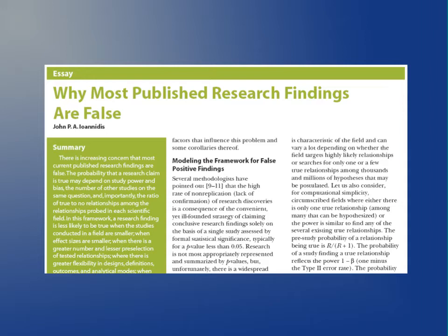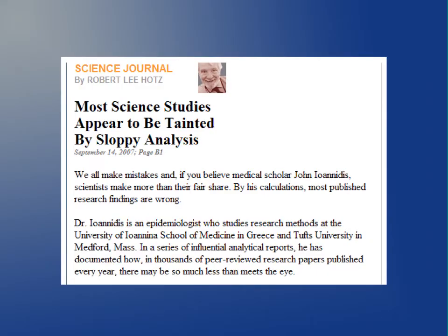The whole thing is worth reading someday if you have some time, but his basic premise is that, among other reasons, many scientific studies are tainted by sloppy analysis, that people use inadequate experimental design and try to draw conclusions that are not justified by the data. As a result, we get a very large number of spurious findings in the scientific literature.